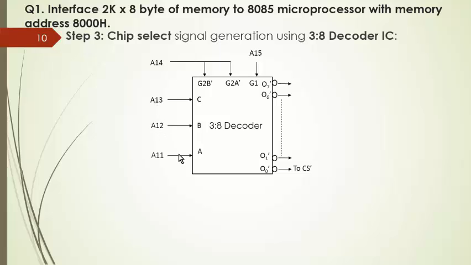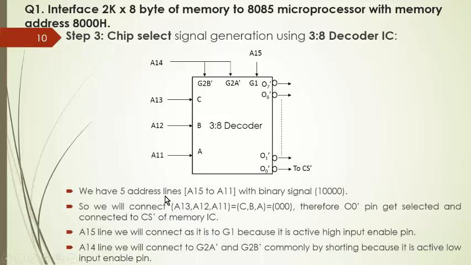So here G2A bar and G2B bar are shorted and connected to the A14 pin. As the bit pattern on A11 to A13 is 0 0 0, O0 bar to O7 bar are the output pins of the 3:8 decoder.